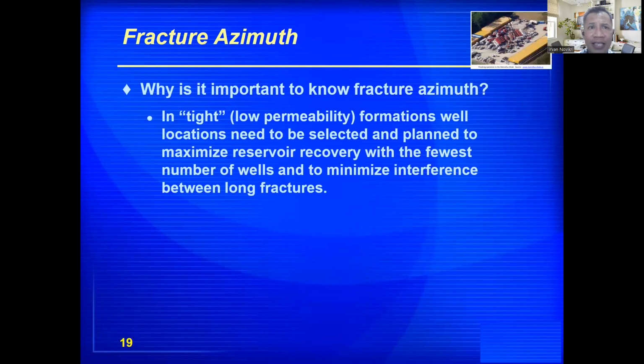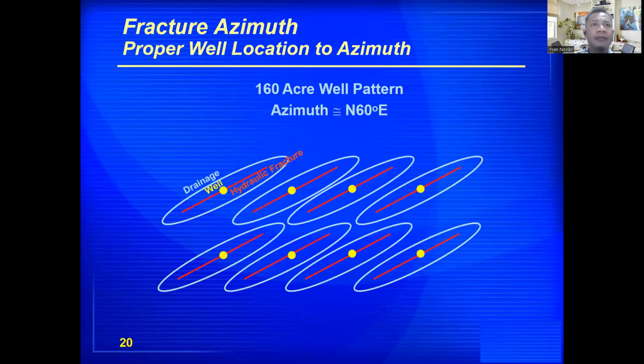So why is it important to really know this? Well, in a tight or low permeability formation, it can cause significant problems, not only with reservoir recovery but also interference between wells. What you see here is a hydraulic fracture on well number 1, and this is just a basic pattern.